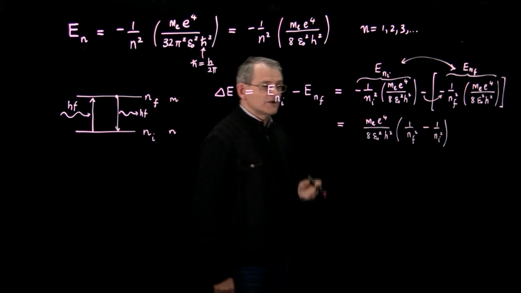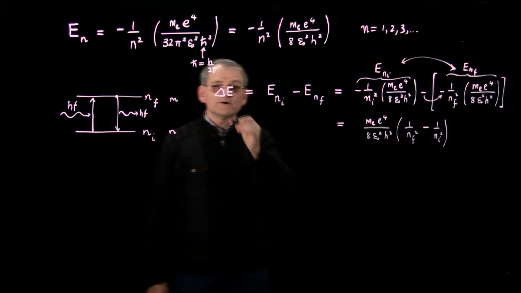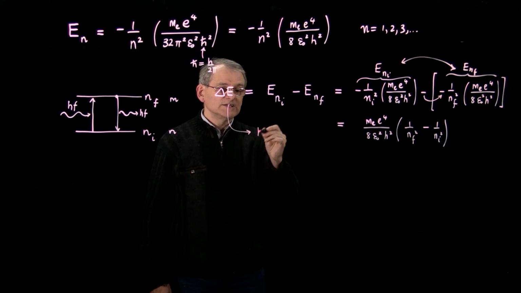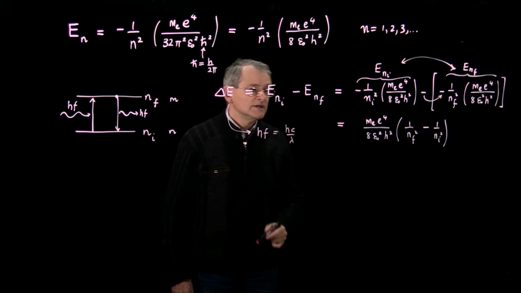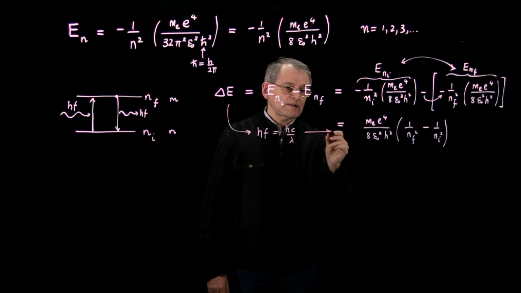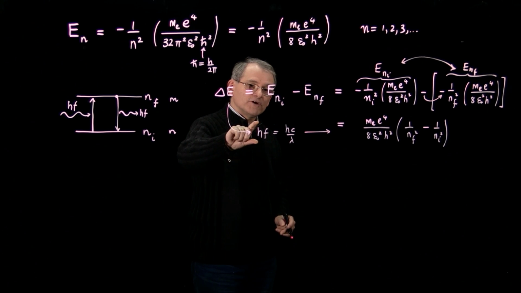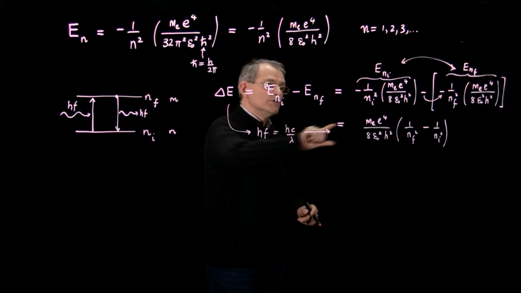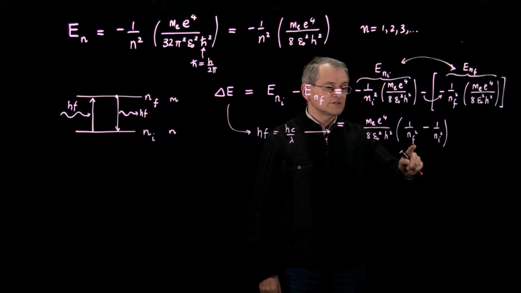We can even go further and get an explicit expression for the Balmer formula. Remember that this must be equal to hf, which is equal to hc on lambda. So this expression for delta E, the change in energy between the two states, gives off a photon of wavelength lambda, of energy hf or hc on lambda, which must be equal to this, as it makes a transition from this initial state to this final state.